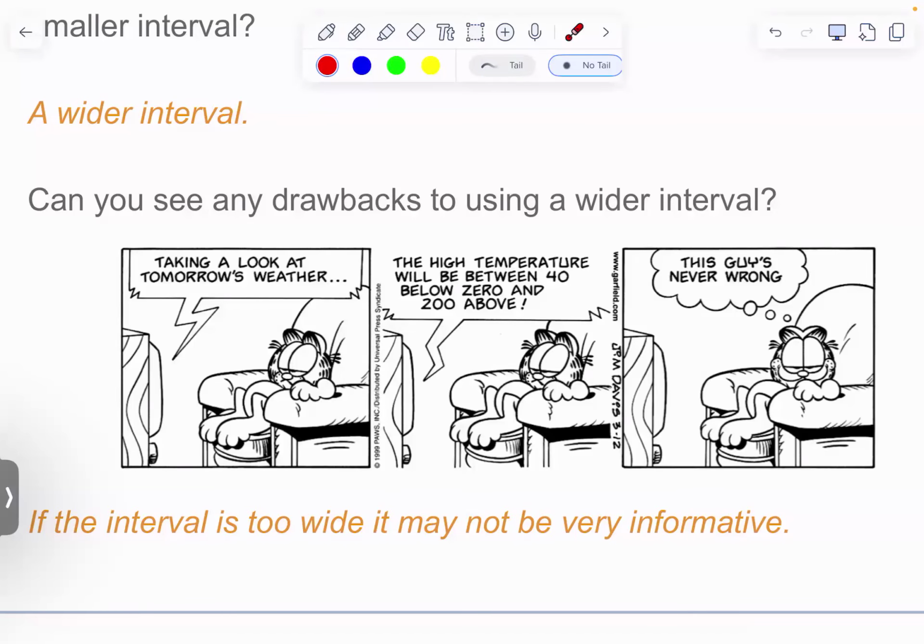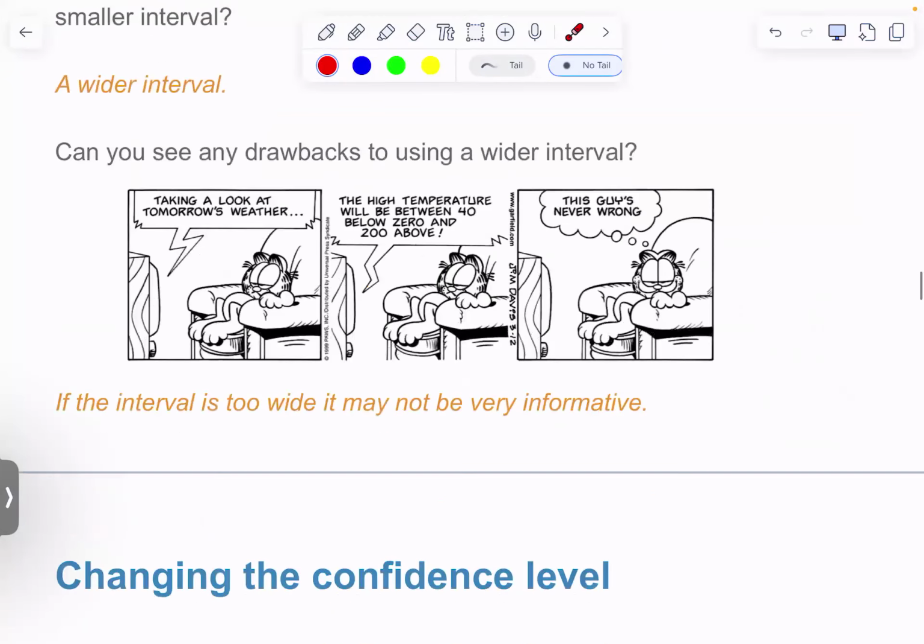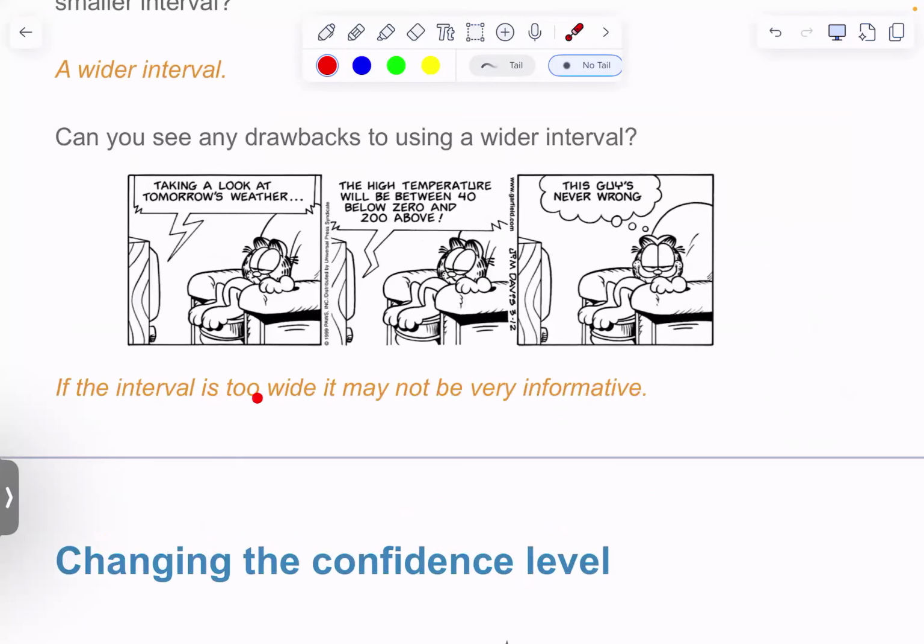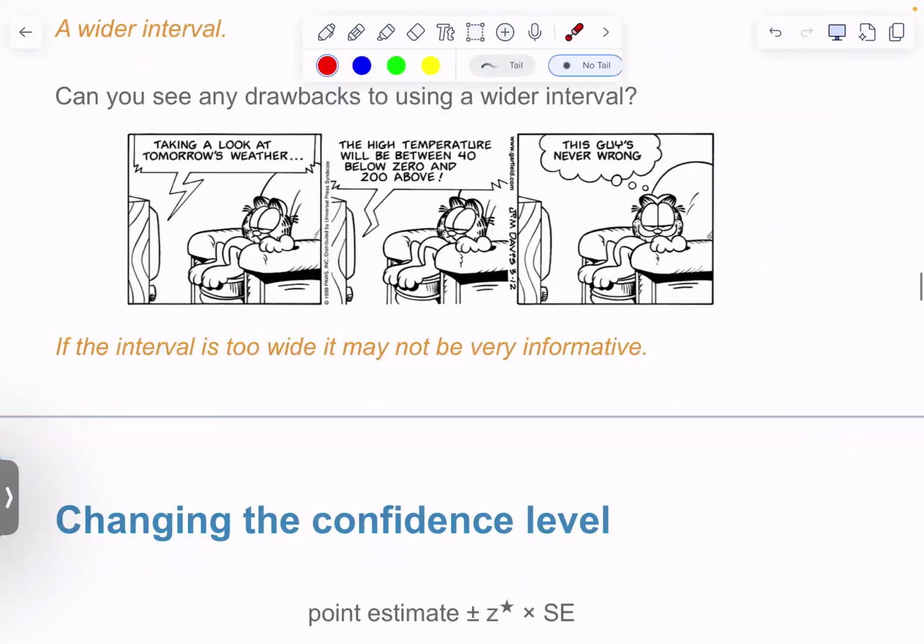Look at tomorrow's weather. The high temperature will be between 40 below zero and 200 above in Fahrenheit. That's true, probably, because that's all the temperatures, but it's not very informative. And so if the interval is too wide, then it may not be very informative.